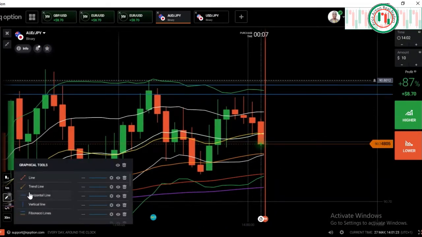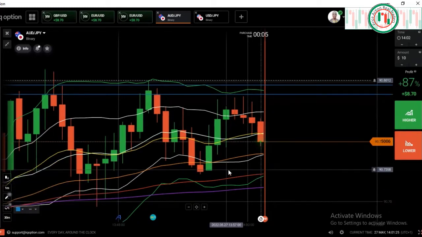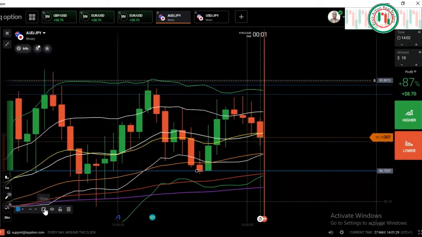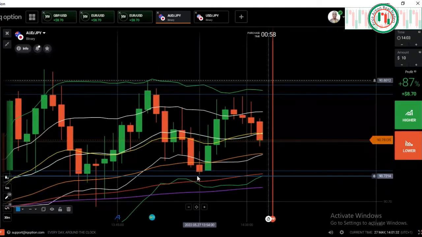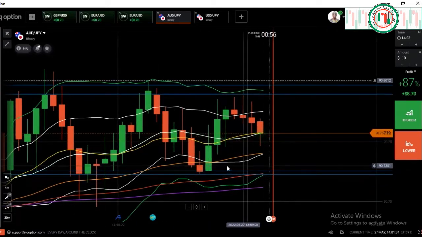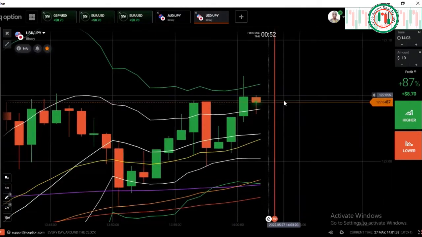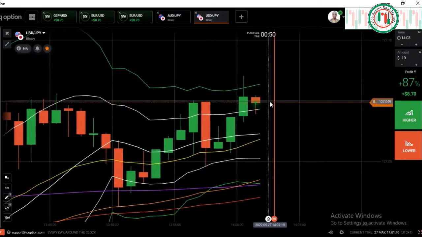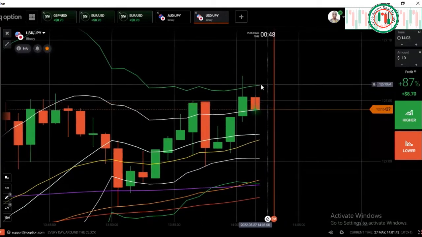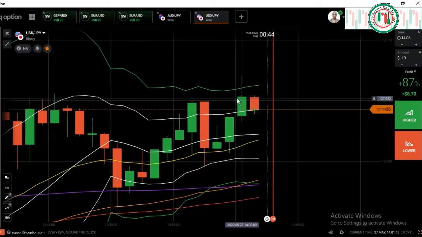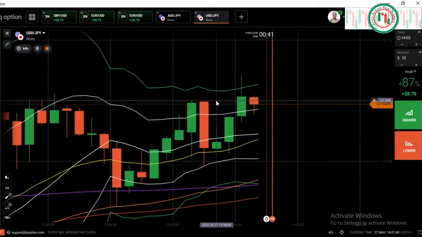I will wait for this zone here. This is the zone, next zone. Yes, here the market will reverse. And this one, the market is trying to go up, because I'm waiting for a good breakout, not this type of breakout.